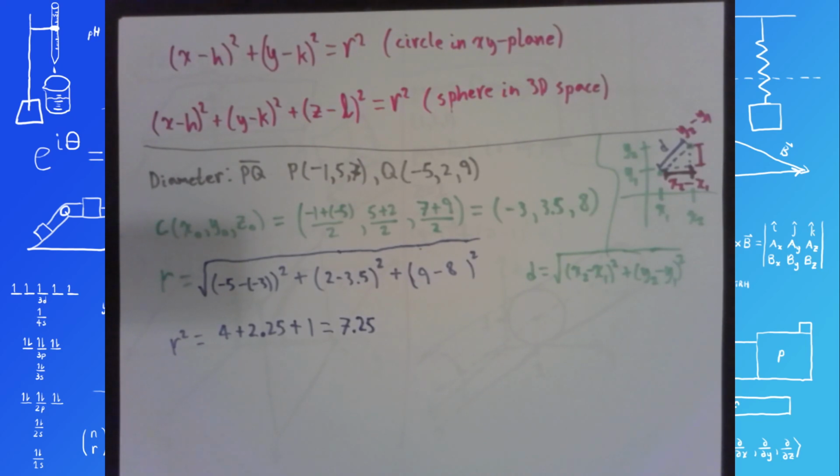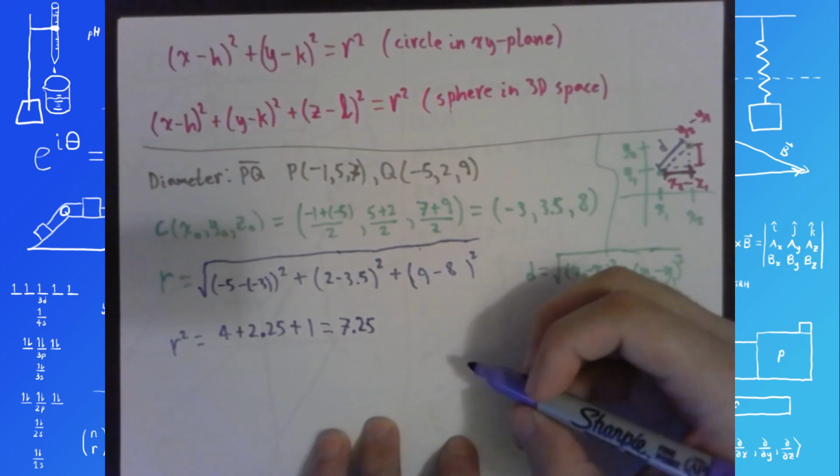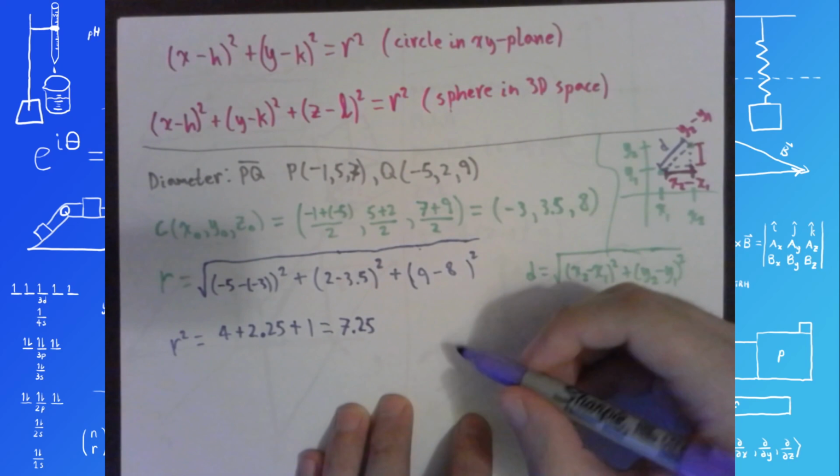Okay, and with that we can now write the equation of this circle. So the equation would have to be, or not circle, sphere.